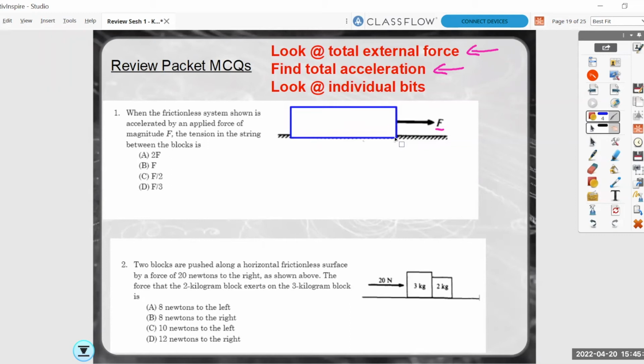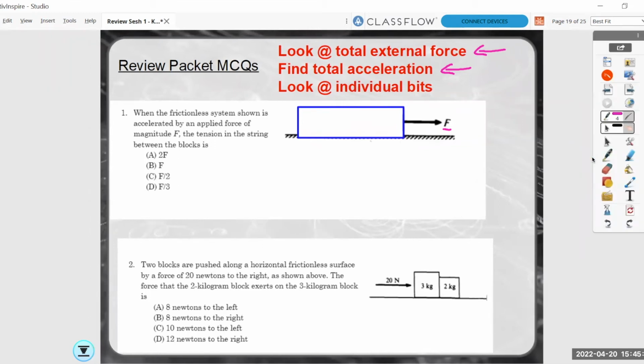If we imagine putting a big box over this whole thing, that force F is basically pulling something that has a mass of 3 kilograms. We have a total force of F pulling a 3 kilogram mass. So F equals ma tells us that the total acceleration of our system is F divided by 3.